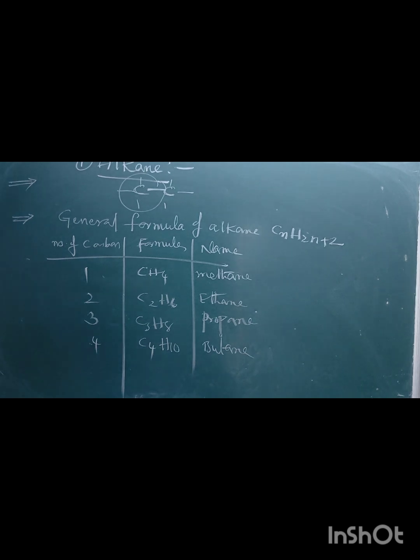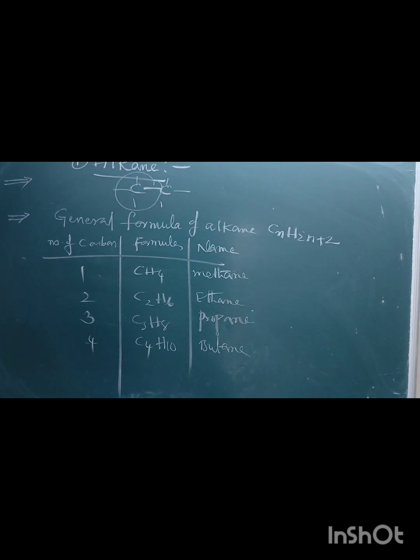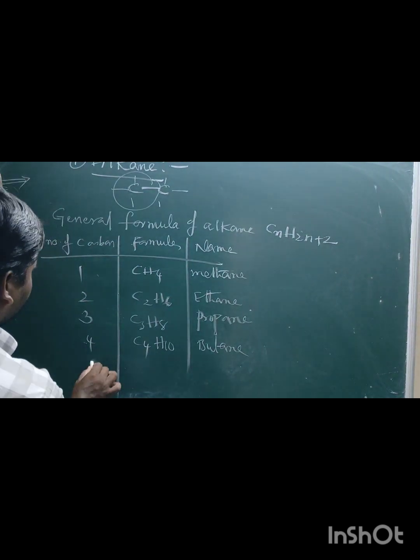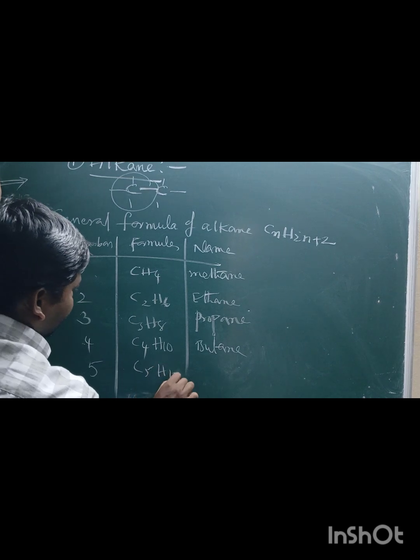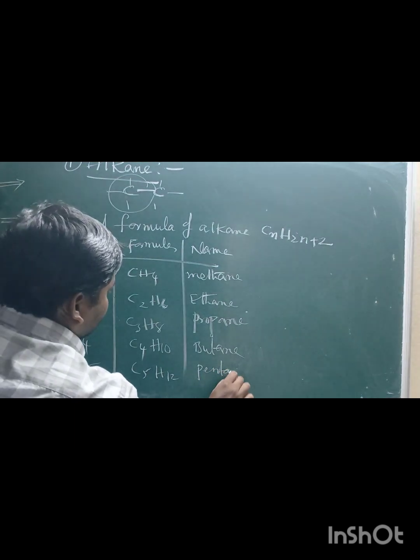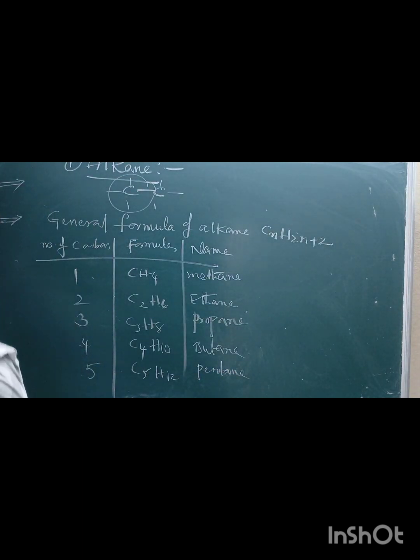Like that, if N is equal to 5, C5H12, pentane, C6H14, hexane.